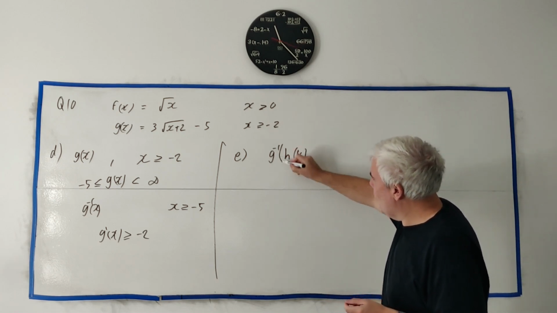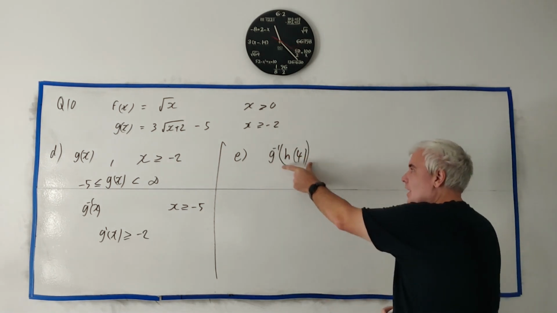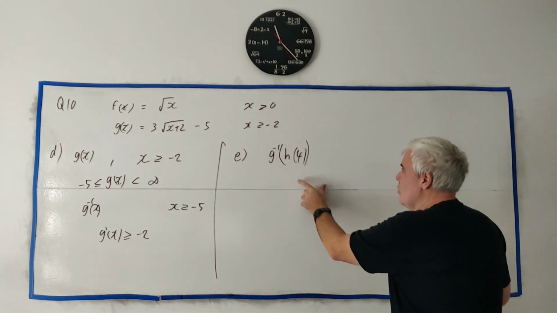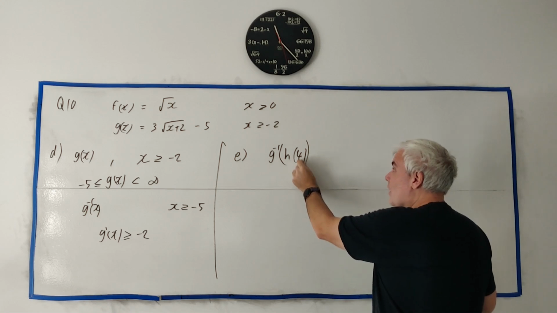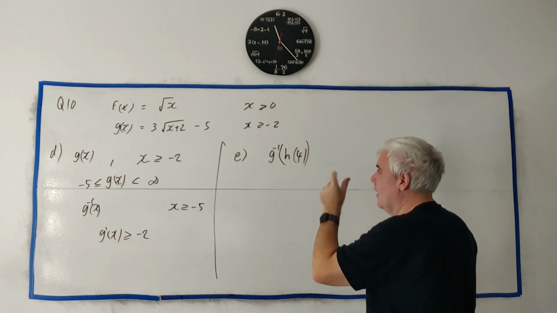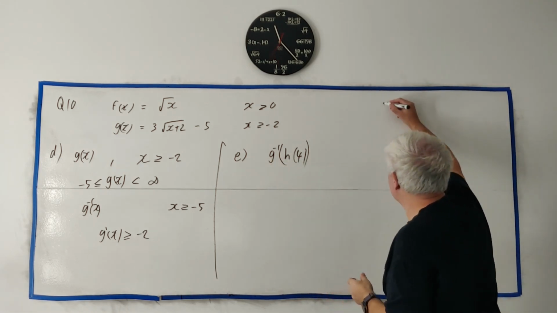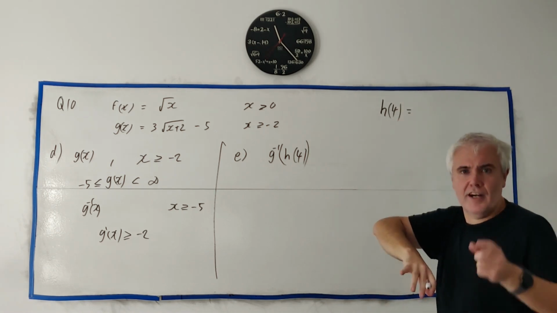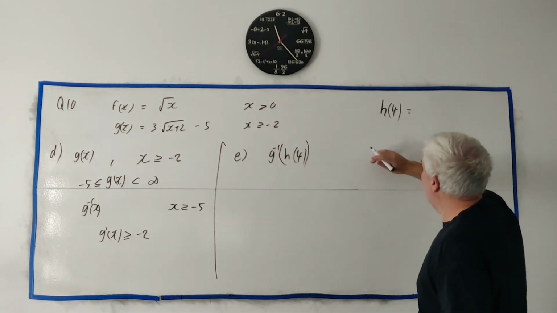They don't write in a bracket here, but I like to put this bracket in because I think it makes it clearer what's happening. What this is actually doing is we're putting something into H, and then the answer from this we're putting into the inverse of G. Let's make that clearer like this. Putting 4 into H is quite easy. Sorry, I never even wrote what H is.